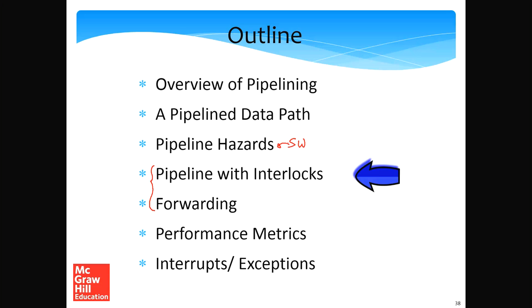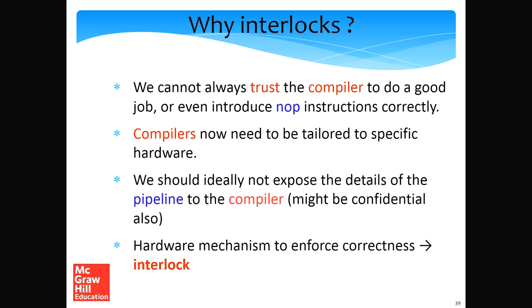And secondly, one kind of code which runs on one processor will not run on another processor. So to alleviate some of these problems, let's assume that the software does not do anything at all and everything is taken care of in the hardware. So interlocks is one hardware mechanism for this purpose. Let me just reiterate what I said.